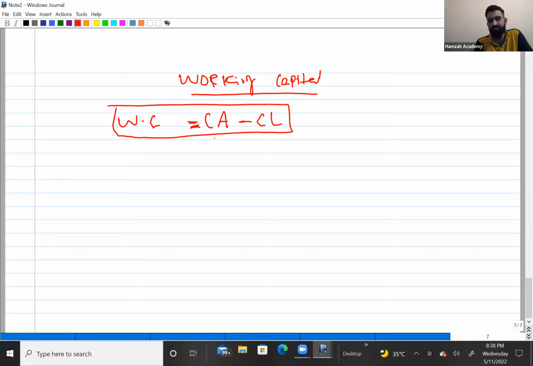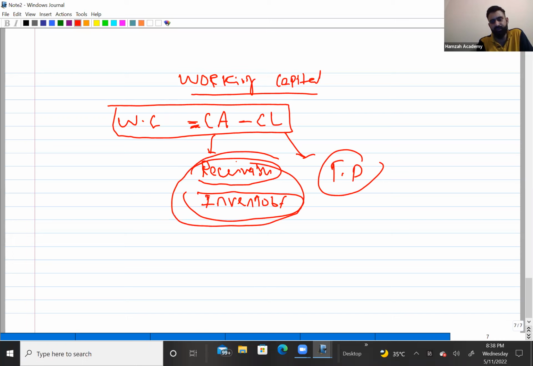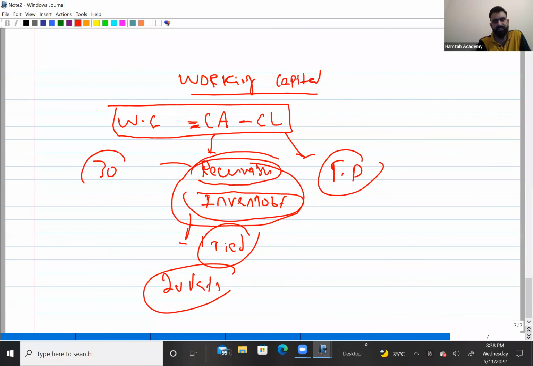For example, in current assets, we have receivables, we have inventory, and in current liabilities, let's assume we have trade payables. When we sell on credit and we have to build the inventory, obviously the cash will be tied up, because first we make the inventory, maybe we take 20 days to make the inventory and sell it, then the credit customer takes 30 days.